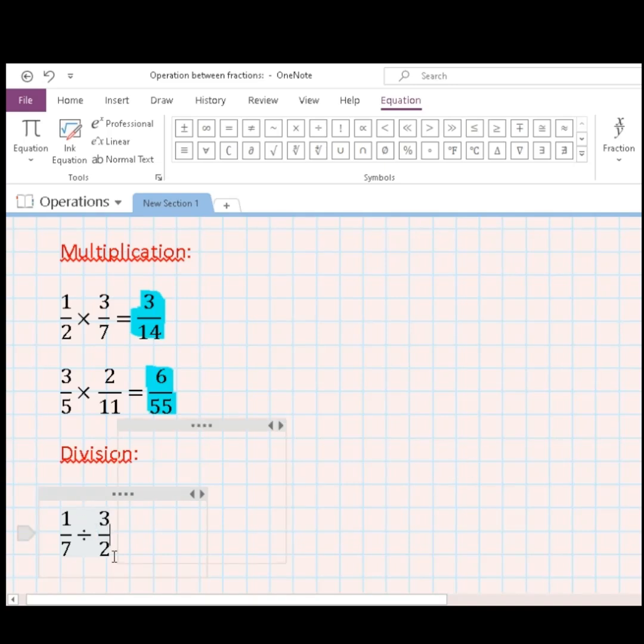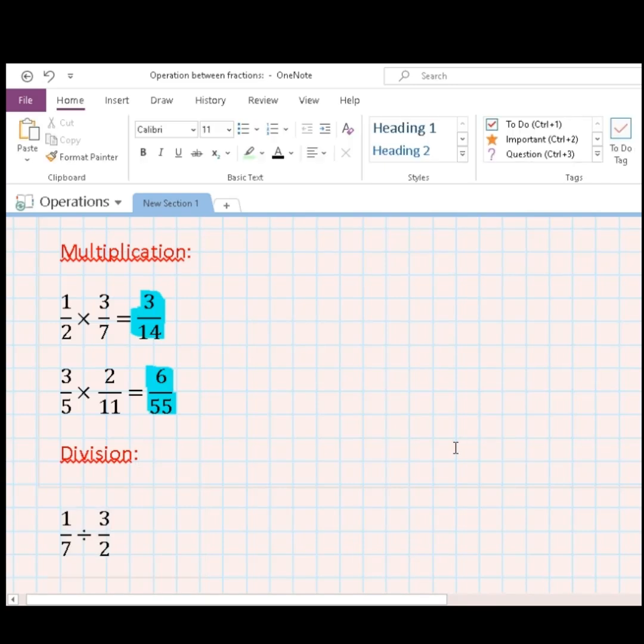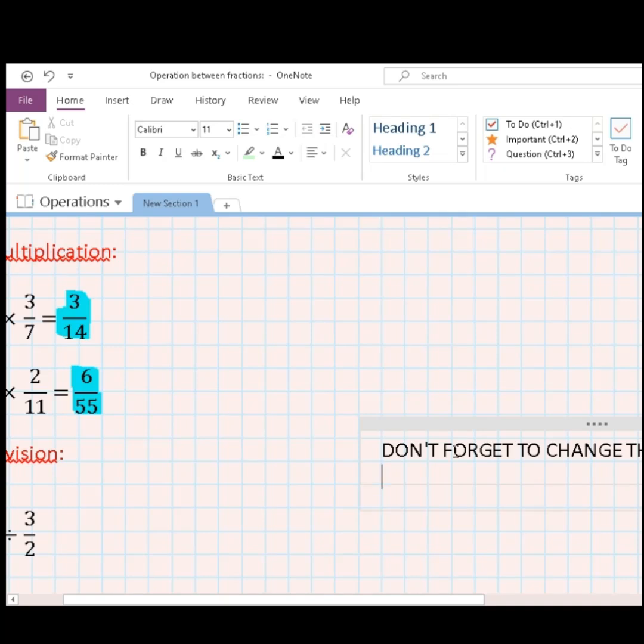I will write it here. Don't forget to change the position between numerator and denominator.